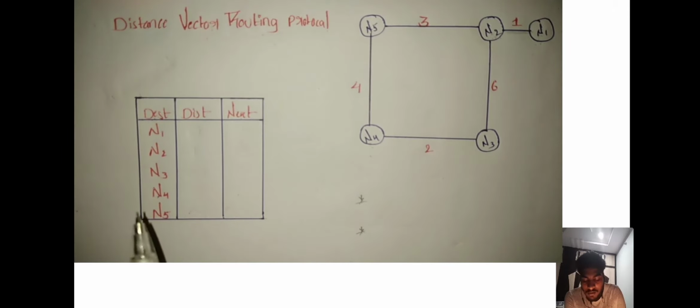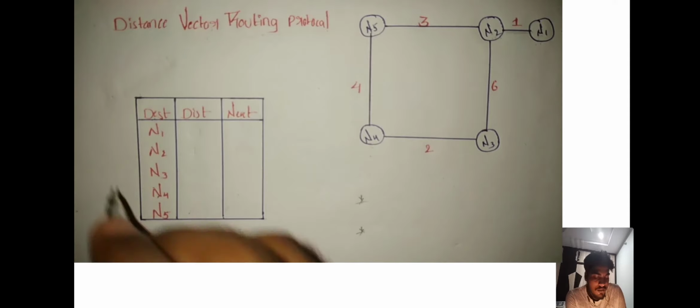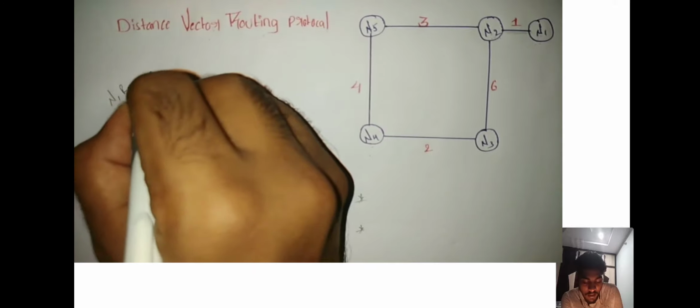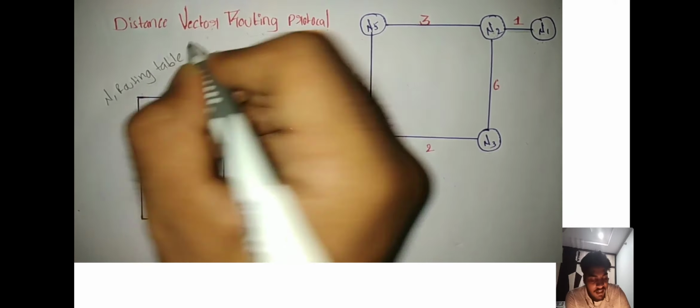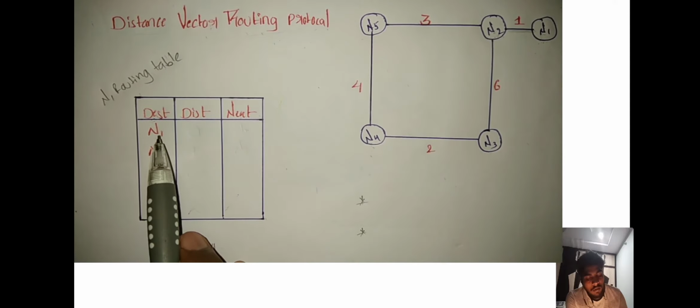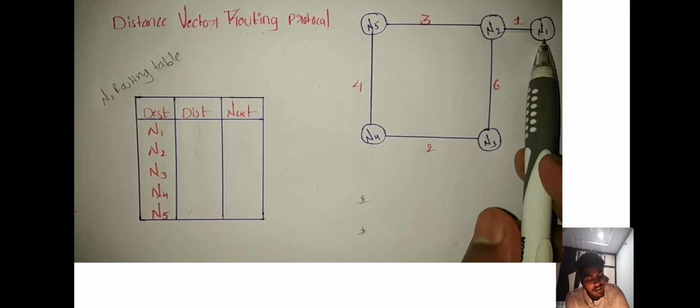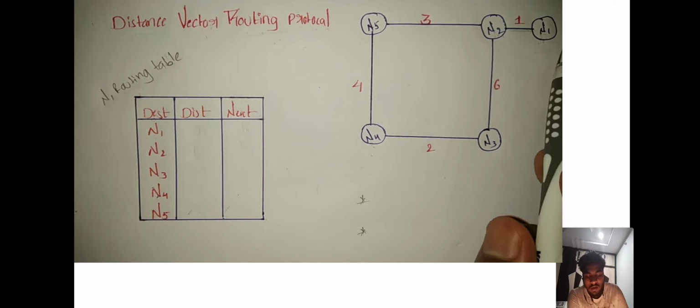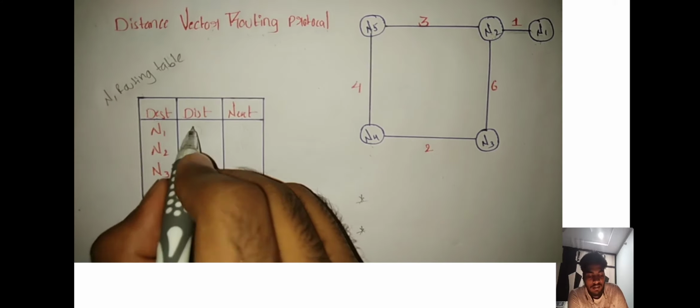Okay. Now we'll write the N1 routing table. This is the destination here. N1 has to go to N1 from N1. That means what is the distance? 0.